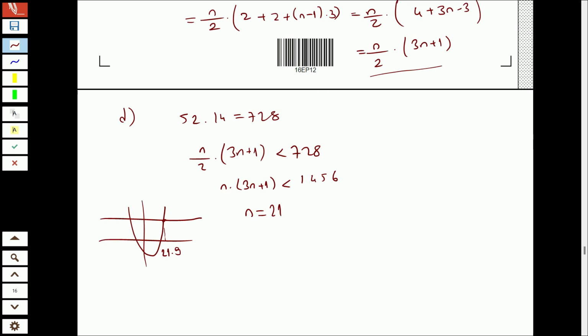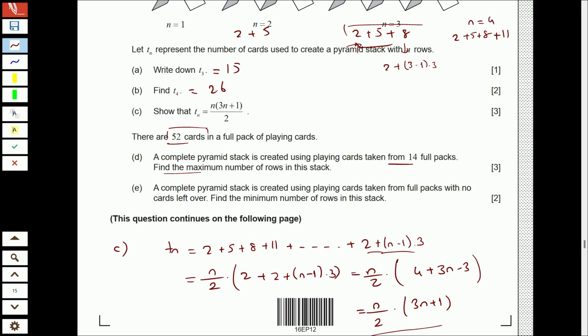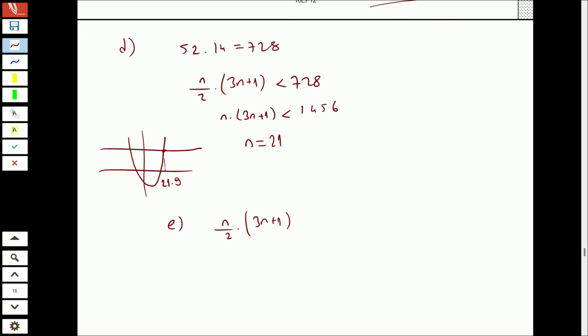So, for example, if there are n rows in this pyramid stack, it means there are n divided by 2 times (3n plus 1) cards. But since we are using full packs of cards and with no cards left over, it should be divisible by 52, right? Which will be an integer.